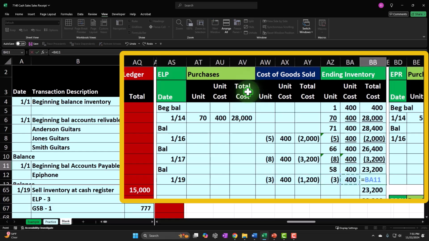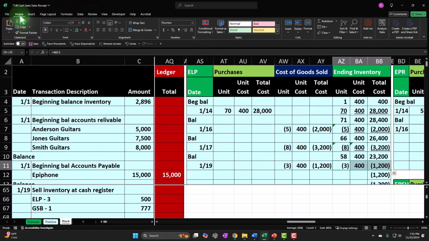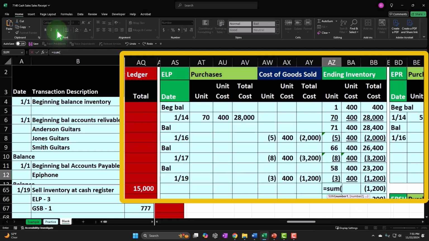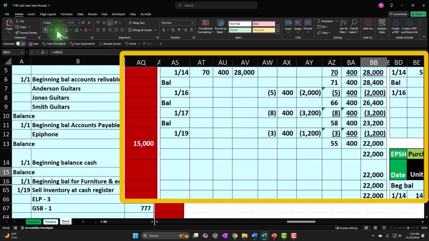So this is going to be equal to -3 times 400. Put an underline under that. Home tab, Font group, underline. Summing this up, 58 minus 3 is now 55 units left. They all cost $400, so this is going to be equal to 55 times 400. Boom. Brings the totals down. So that is good.